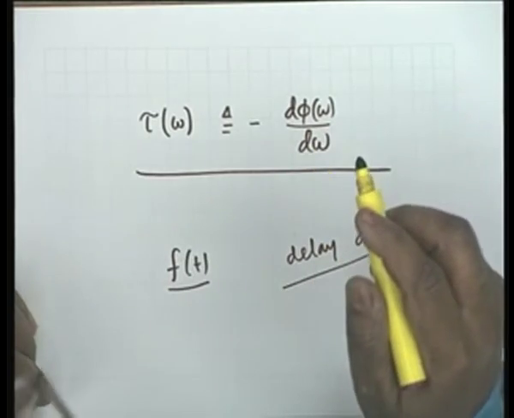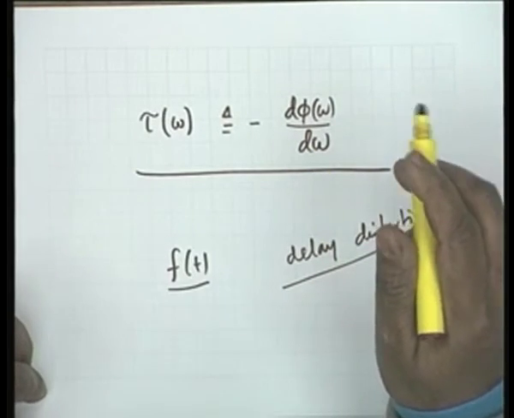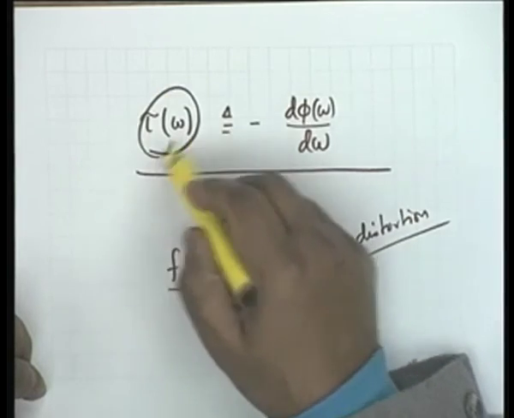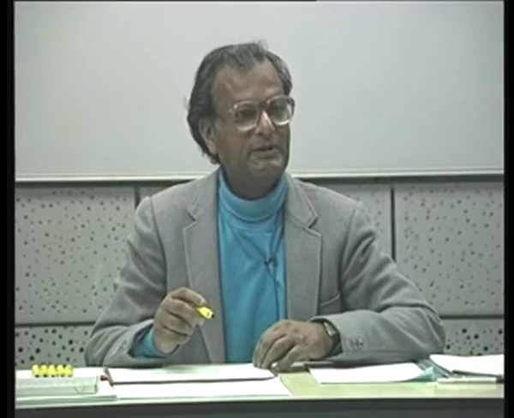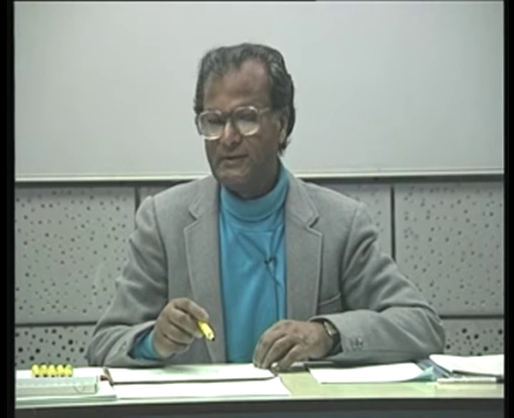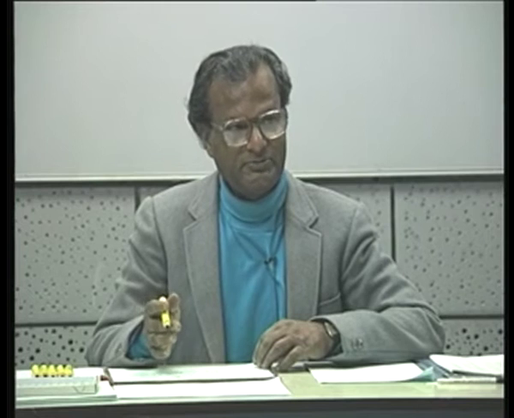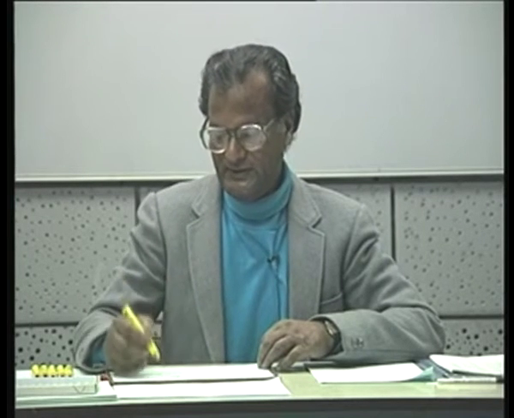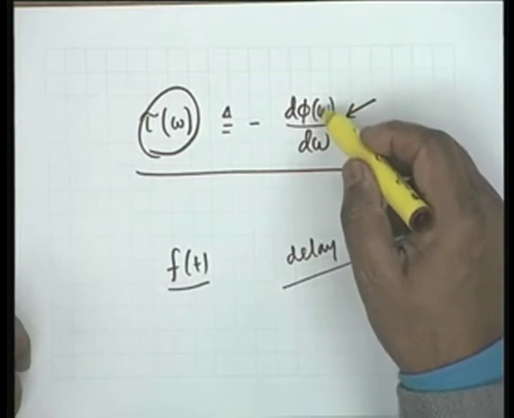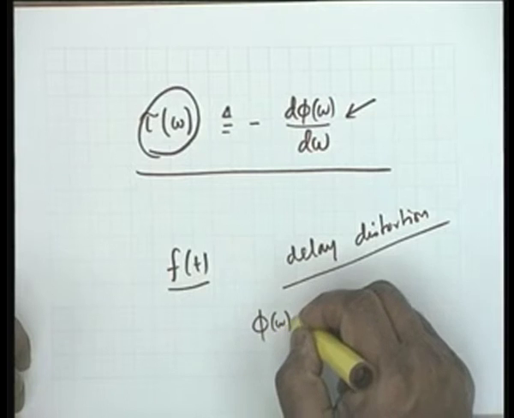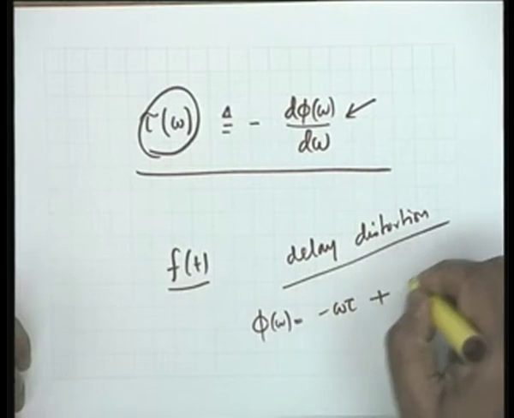And to avoid delay distortion, obviously the group delay function tau omega should be a constant, and the condition for tau omega to be a constant is that the channel should be linear phase. You see, if the differential coefficient is taken, in linear phase we can allow a constant, let us say c.